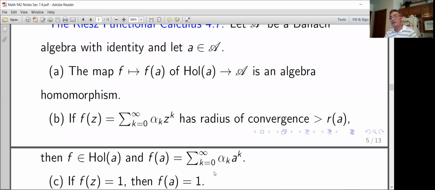C, if f of z is equal to 1, so f is the constant function, then f of A is equal to 1.